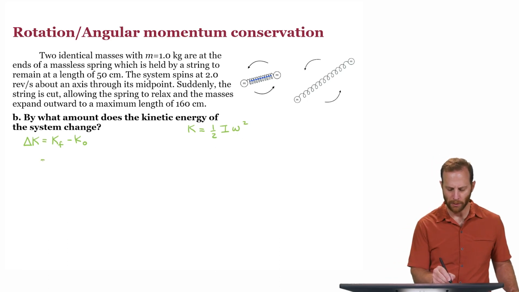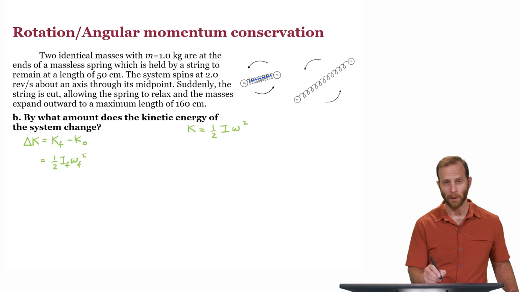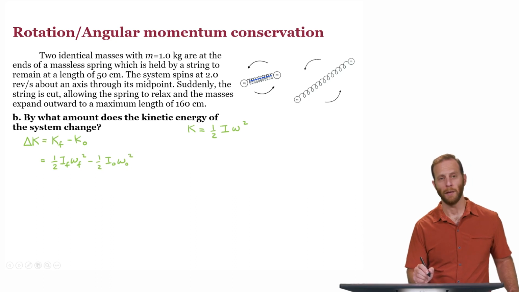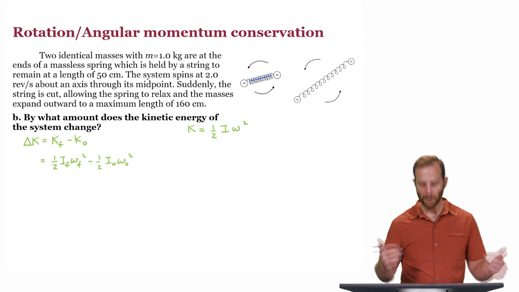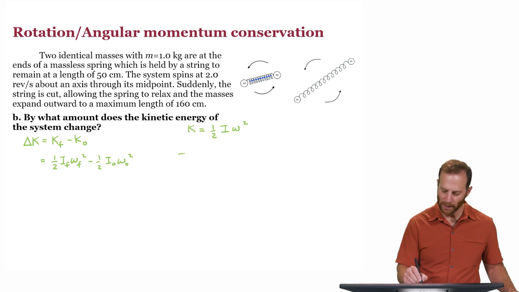In this case, therefore, we have to take the difference of 1/2 the final moment of inertia, final angular speed squared, minus 1/2 the initial moment of inertia, initial angular speed squared. So we can work this out as long as we have a list of everything we need. Let's go ahead and make that list.